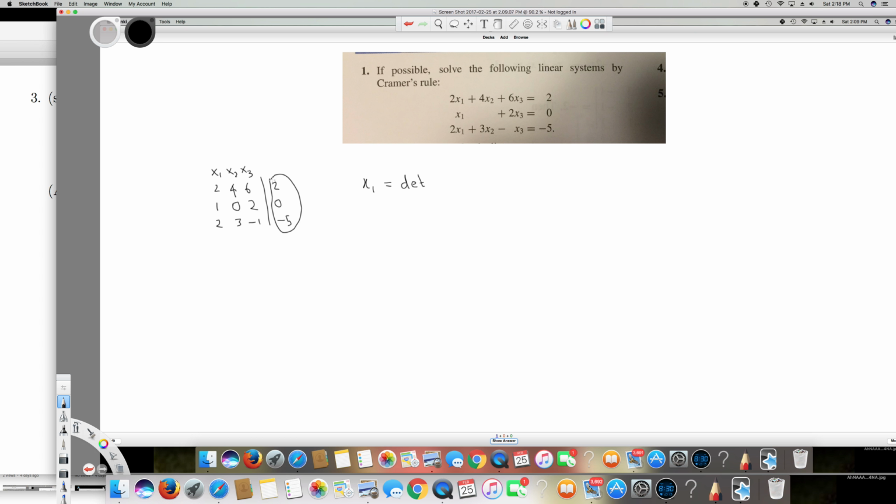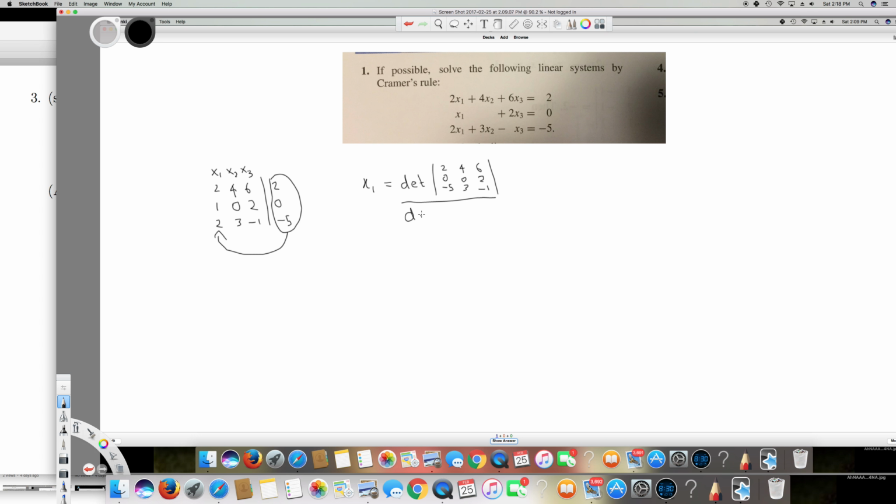If I want to find x1, I have to swap this column with x1. So it's going to be the determinant of 2, 0, minus 5, and 4, 0, 3, and 6, 2, minus 1. And in the bottom the determinant is going to be the original form as it is.